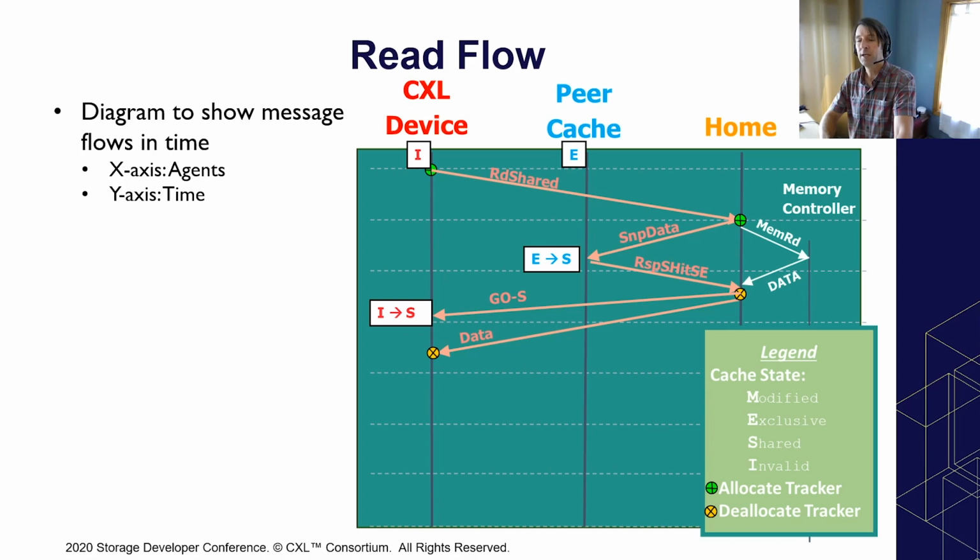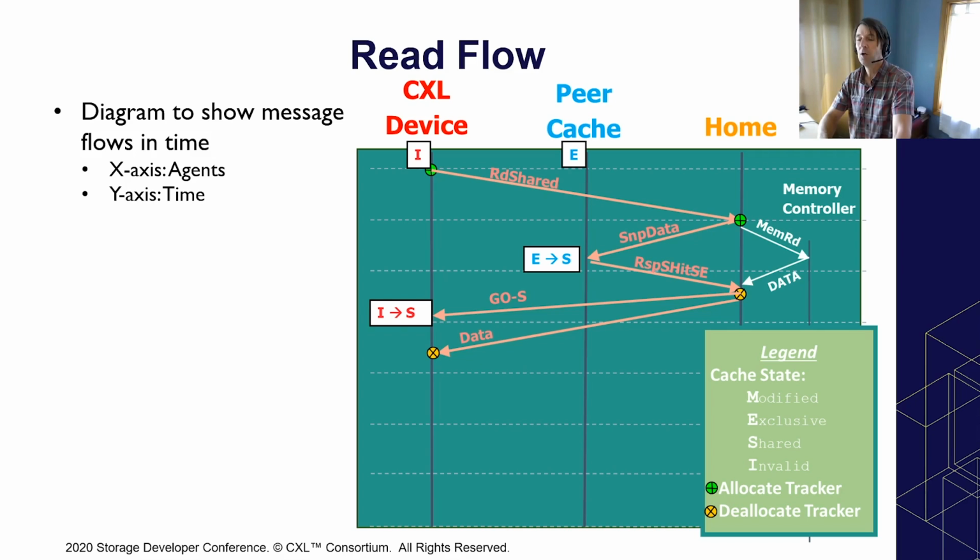So it sends the snoop data. The peer cache will transition its cache from E state to shared state. And once that transition has happened, it sends the response back to the home, indicating that it is transitioned to shared state.